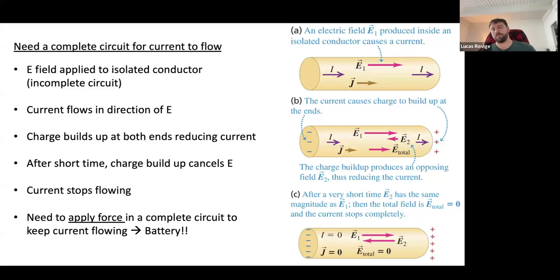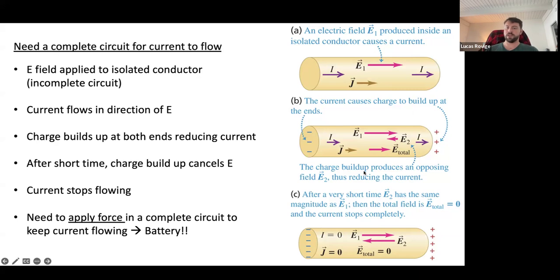This is something that provides the potential difference and allows the current to flow in our system, because if you remember, in the previous chapters, when talking about, for instance, Gauss's law, we've seen that at electrostatic equilibrium, there's no electrical current, no electric field that can subsist in a conductor.